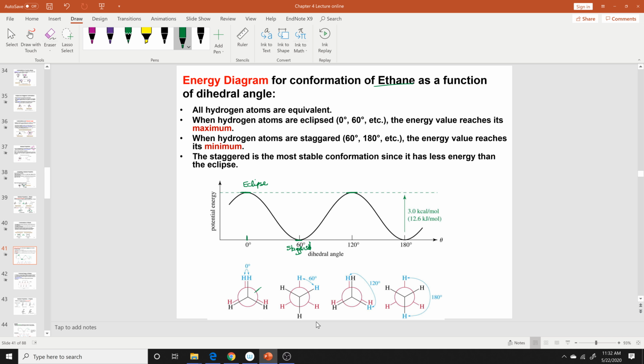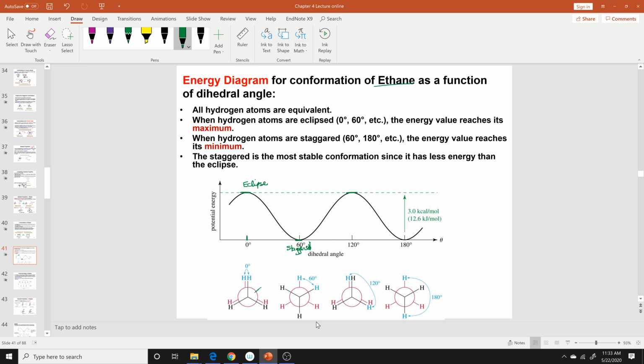Going another 60, now I'm having 120. So going another 60 will make this hydrogen here, so going eclipse now. And then this hydrogen is going to be here, and this hydrogen is going to be there. So notice, eclipse, staggered, and so forth. Going another 60 is going to make the angle between the two hydrogens 180, and I'm going to be back to the staggered.